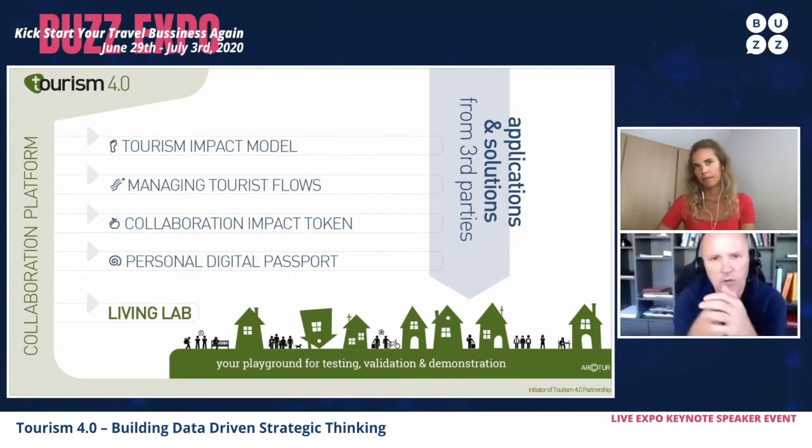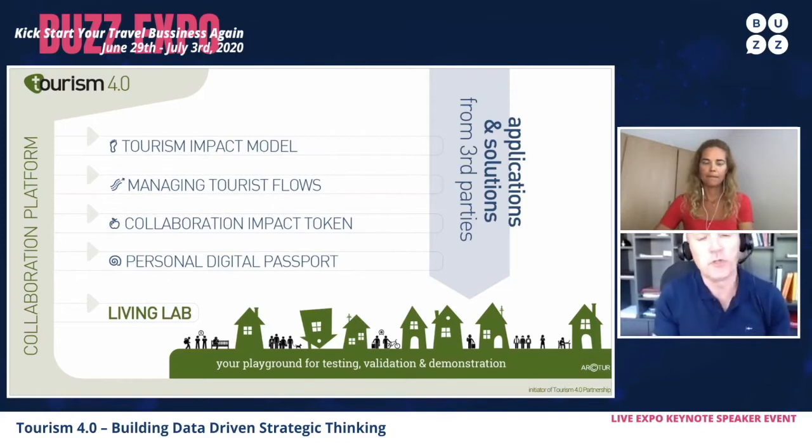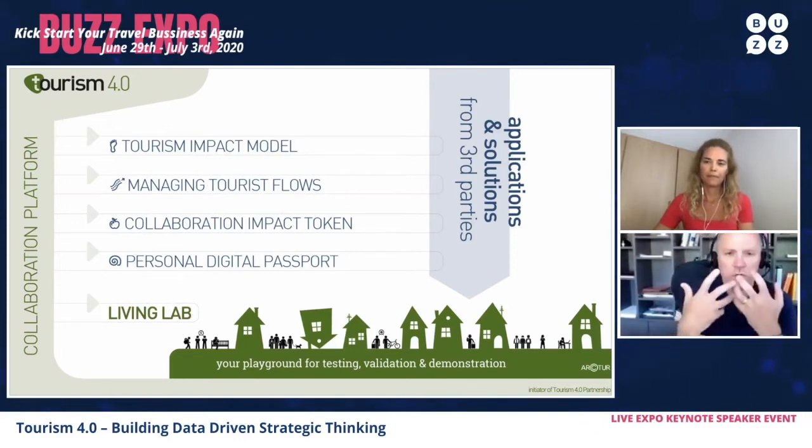You are combining all sorts of, most of the time, non-compatible data sources. But of course, with the help of the technology, we can produce information out of these data sets. So this is our main goal: to use the data to produce the information for the local stakeholders in tourism.